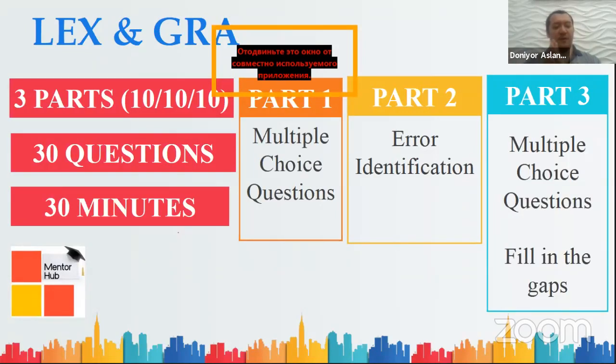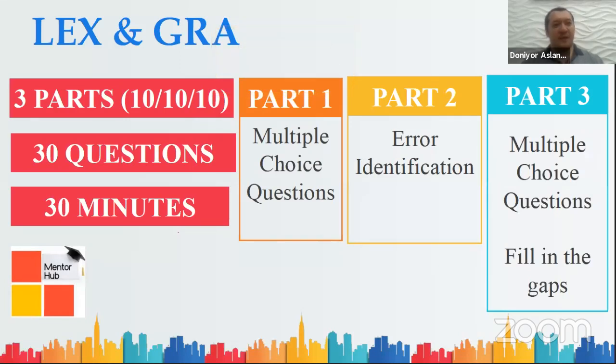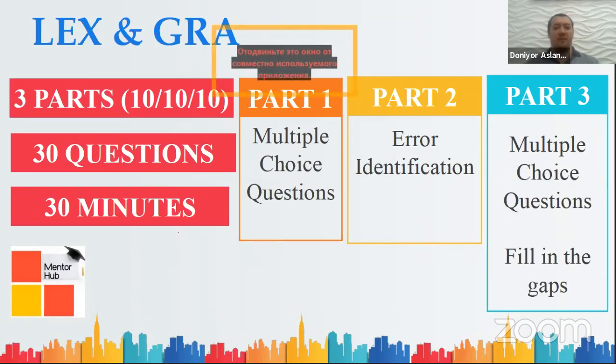We have 30 questions, and you should spend no more than 30 minutes. I think this time is well enough for answering this particular paper. So we have three parts, as I said. Part one, multiple choice questions, A, B, C, D. And the second one, error identification, the hardest part among those three.